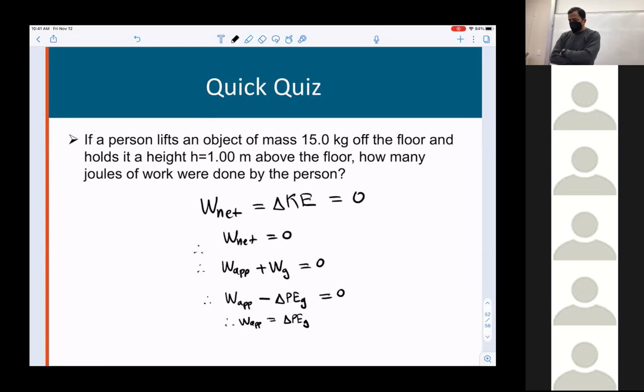So with that in mind, let's see if we can do this top hat question. Any questions about this?